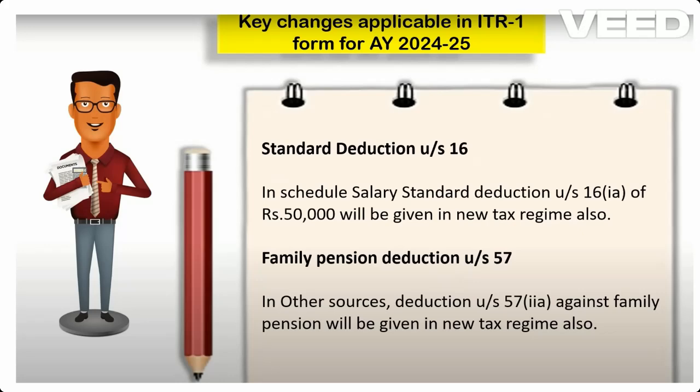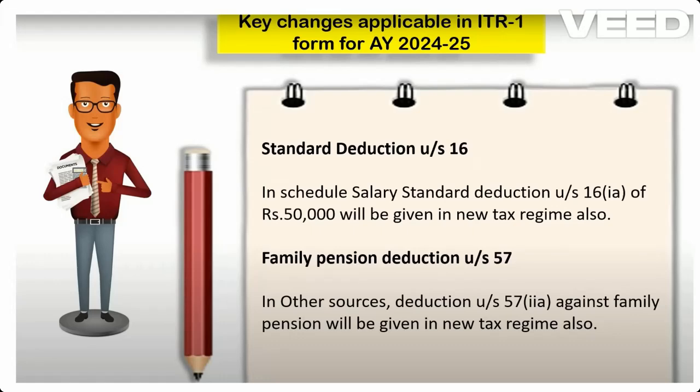This has changed now with the budget tabled by Nirmala Sitharaman. For the new tax regime, the standard deduction has been increased from 50,000 to 75,000, which is a great initiative. For the old tax regime, it remains the same.